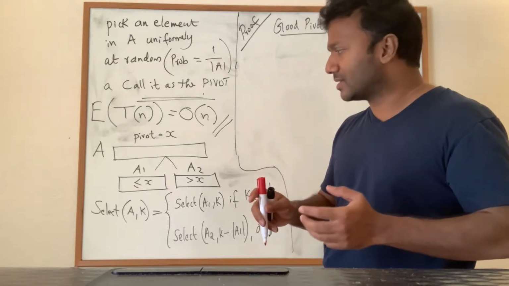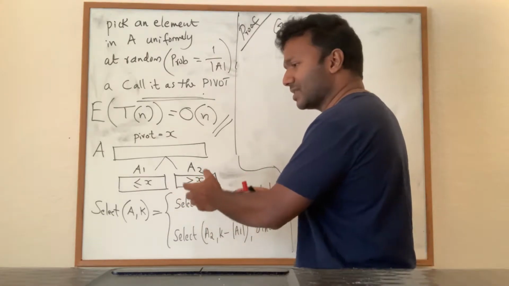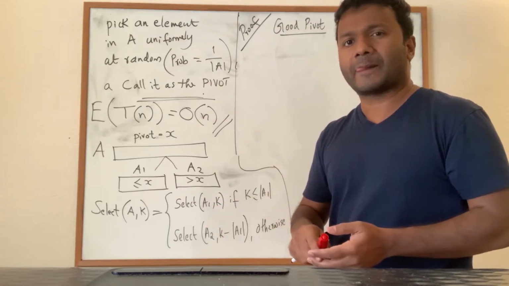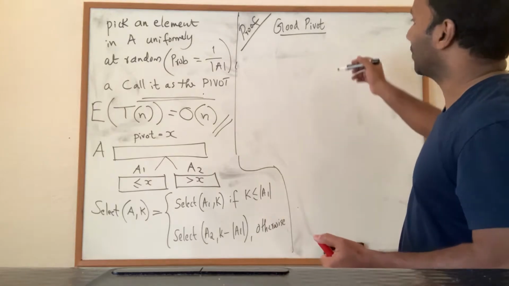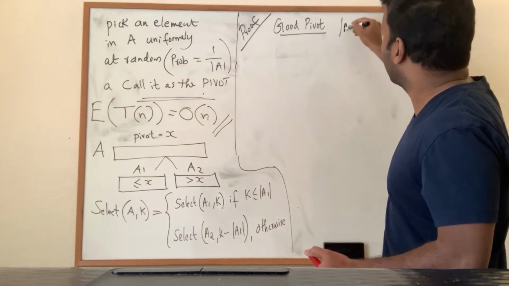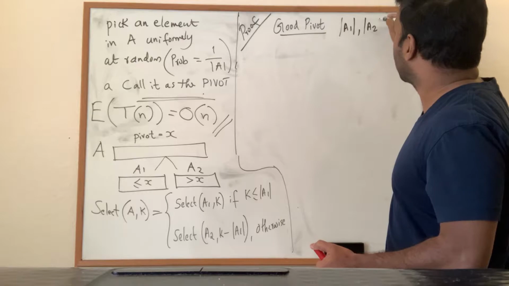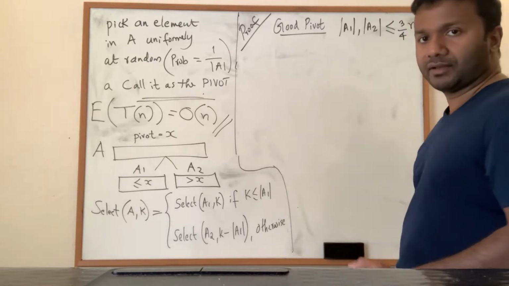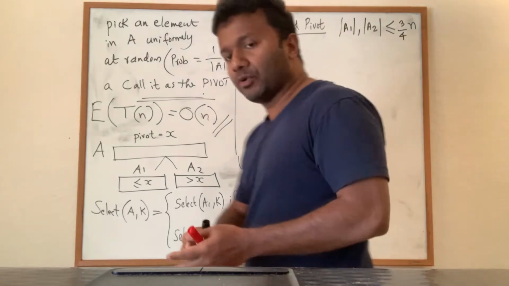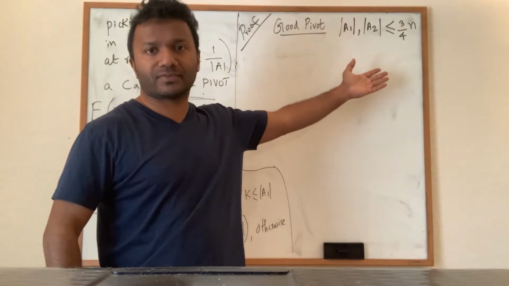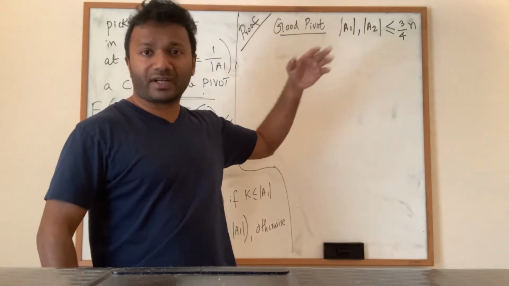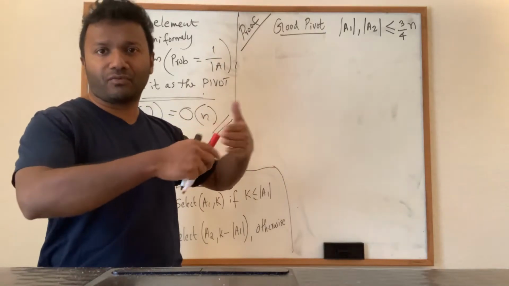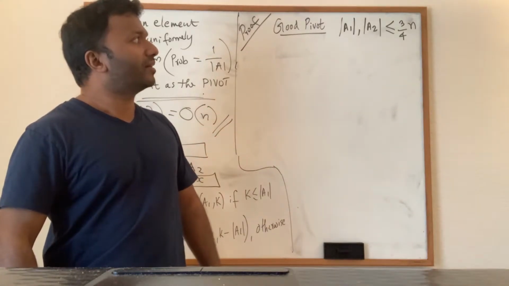When I say somewhat balanced, I want the sizes of A1 and A2 to be within a factor of 3. In other words, the size of A1 as well as the size of A2 should be bounded by 3n over 4. Which means both can be n over 2 and n over 2. That is allowed. One can be 3n over 4 and the other can be n over 4, that means within a factor of 3.